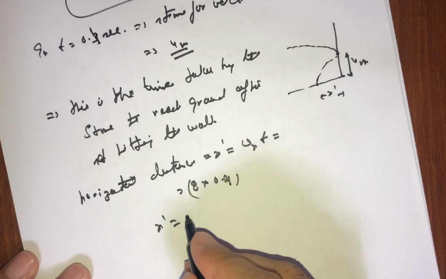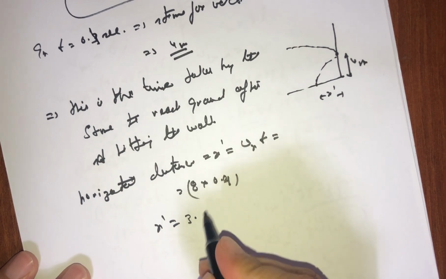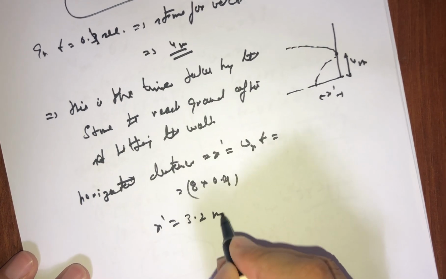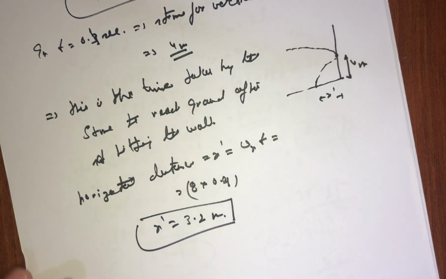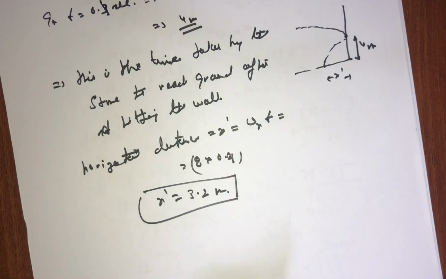So x prime comes as 3.2 meters. This completes all the parts. Thank you.